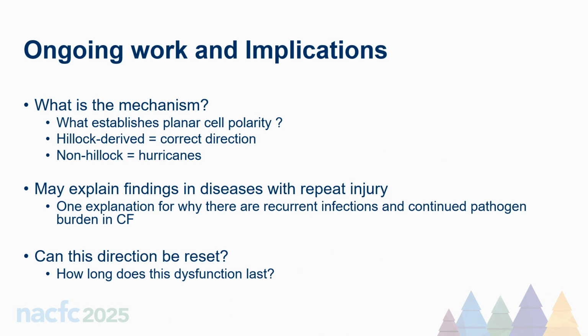Importantly, understanding this mechanism, we may be able to figure out ways, can we actually reset this direction? How long do these hurricanes persist? Is it just the life of the ciliated cell, or is that propagated for a longer time? So a lot of questions left to answer. But fortunately, there's a lot of work still to be done.